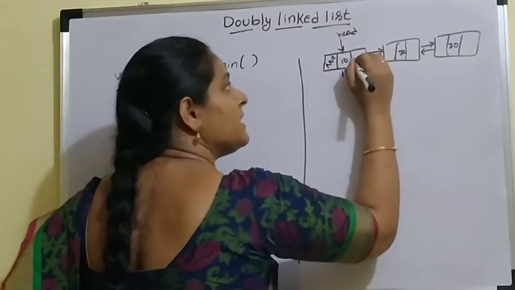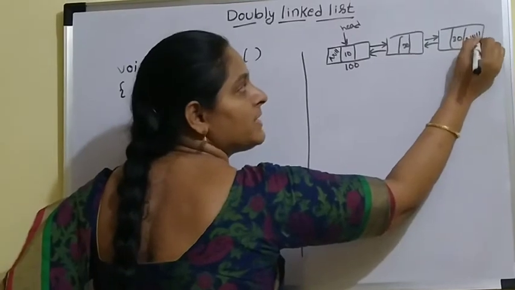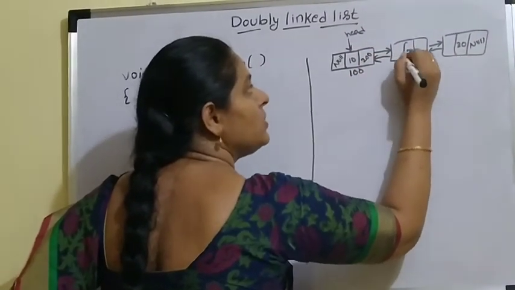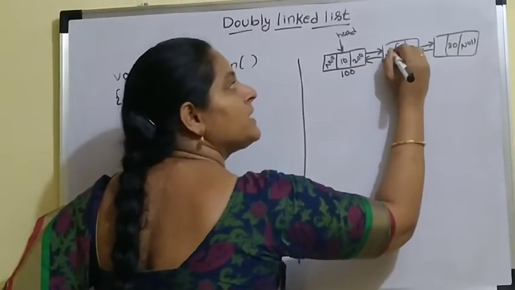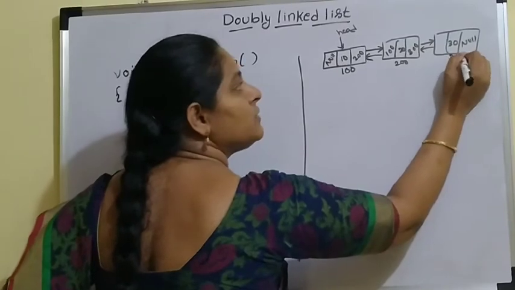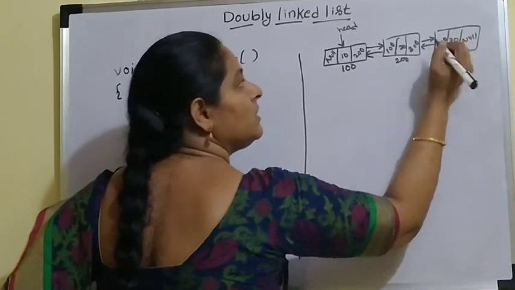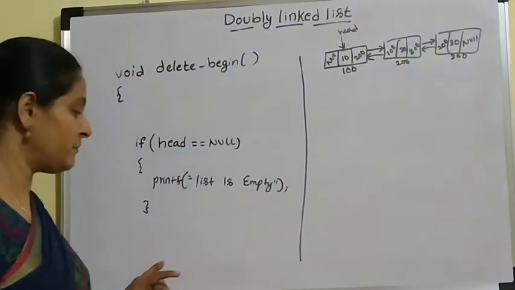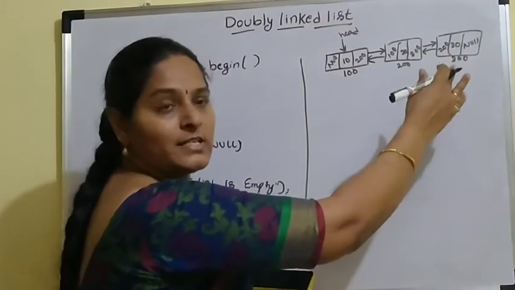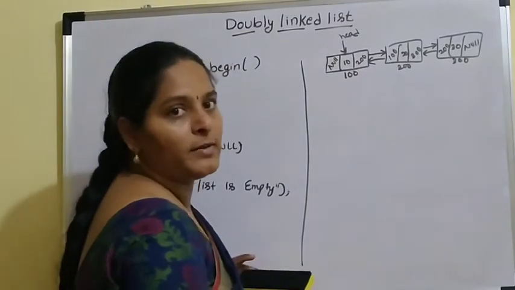First node previous part is null and last node next part is null. First node next part contains the address of the second node. Second node previous part contains the address of the first node. Second node next part contains the address of the third node. Third node previous part contains the address of the second node. And the third node is the last node in our list. Third node next part is null.